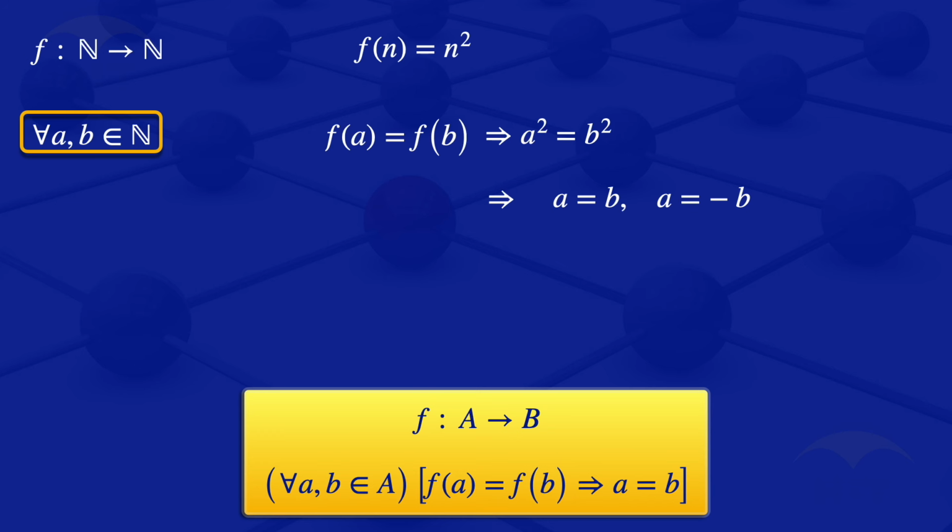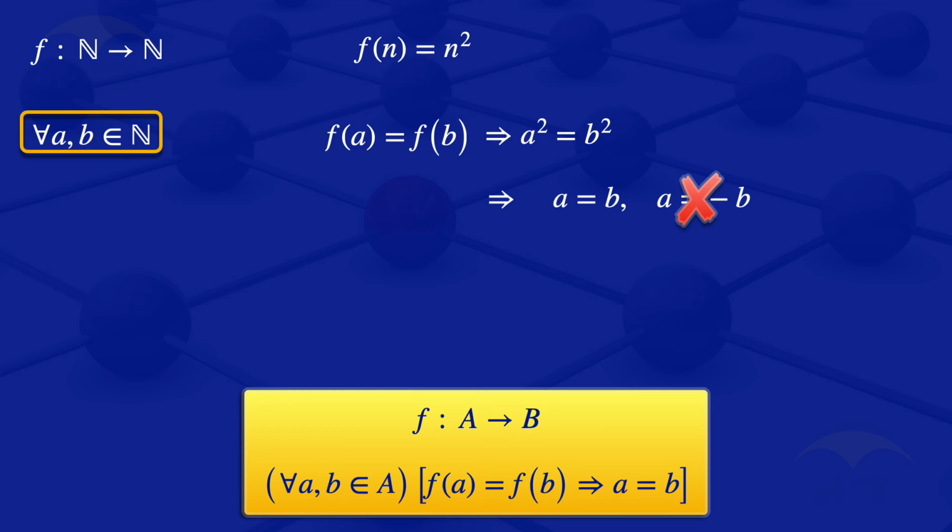So if a and b are natural numbers, but here we are saying a equals minus b, b is a positive number. When you multiply it by a negative, it becomes negative. It would then be saying that a is a negative number, which is not true in this case because a is a natural number. So this part falls away. It's not valid when we are looking at natural numbers. So we remain with only one condition, that a equals b.